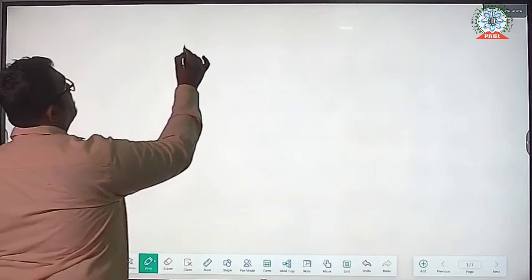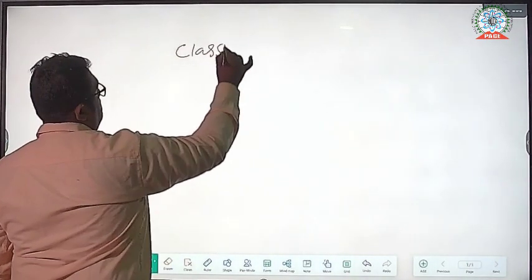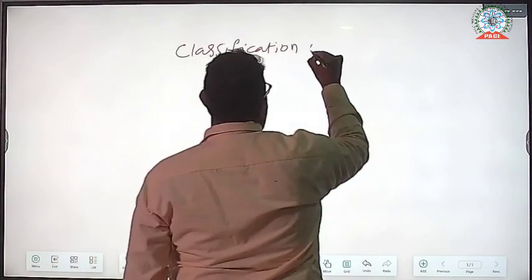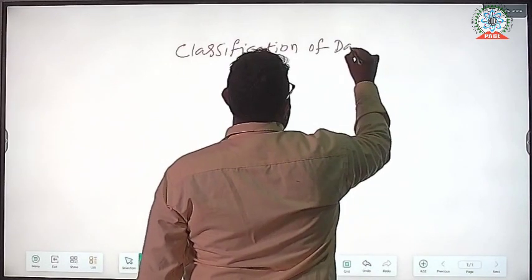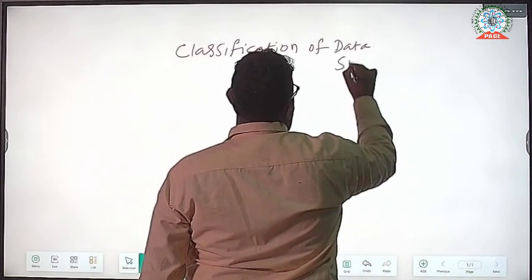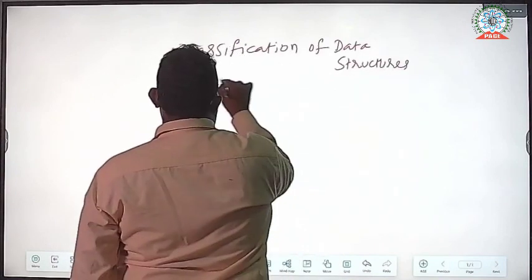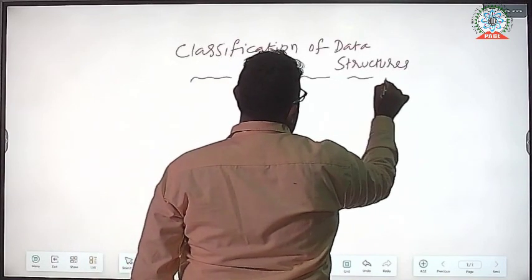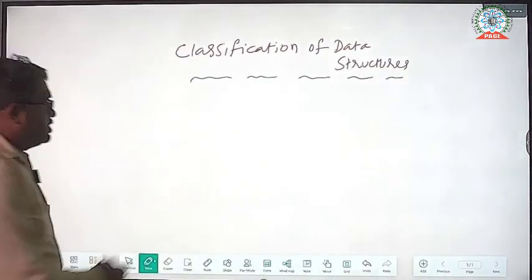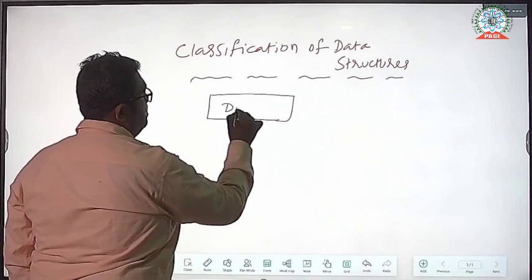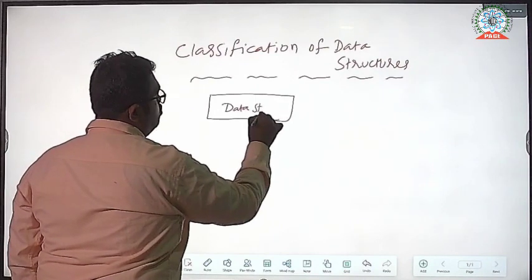Now I am going to give the classification of data structures. That means how we are going to classify data structures. Here, initially the data structures are classified into two.